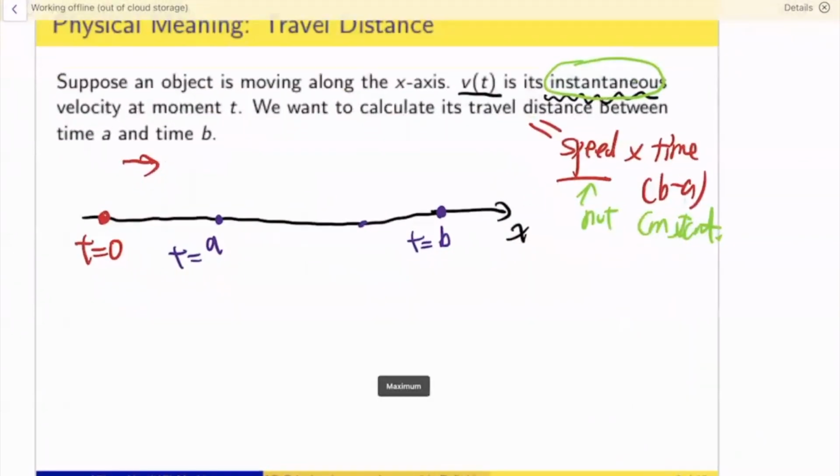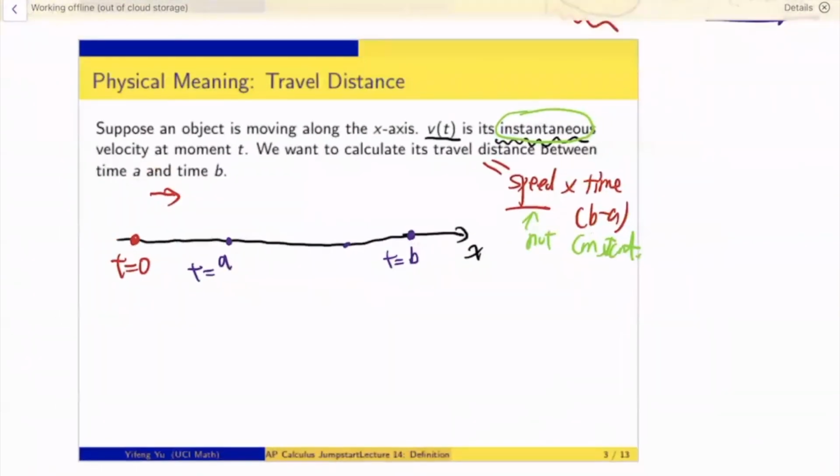The idea is similar to the previous one, but from a different perspective. We divide the time into small pieces. Say this is t_0, this will be t_1, t_2, t_3, and this is t_{n-1}, and this is t_n. Now suppose this is t_{i-1}, and this is t_i.